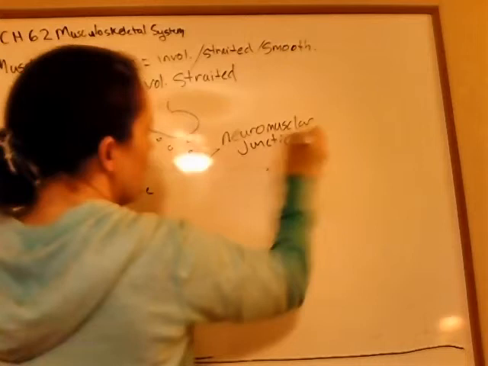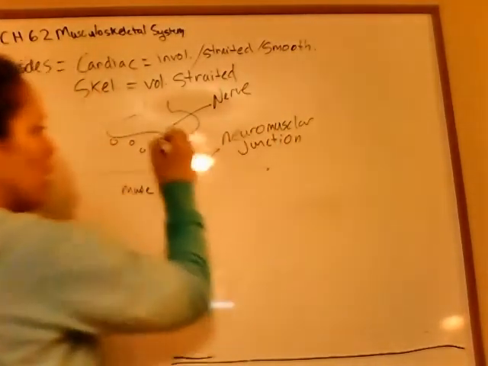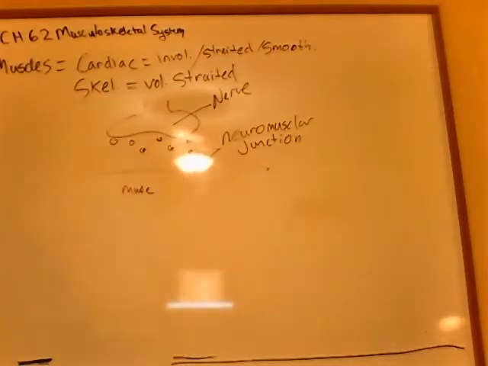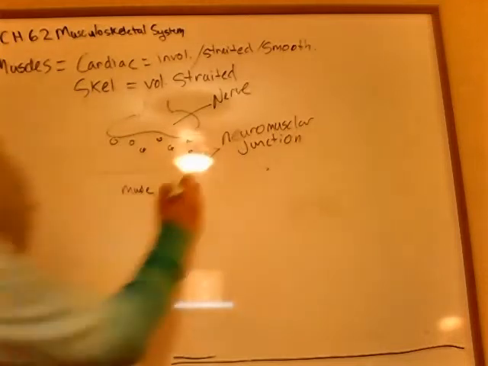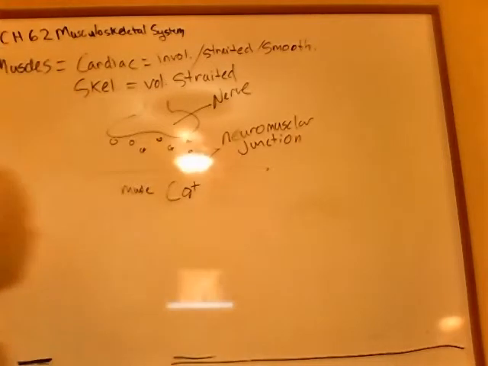And again, this is the nerve, and this is the muscle. When it releases the stimulant, it's going to make the muscle contract. It releases calcium, and calcium is what creates the contraction, and of course, if you have lack of calcium, you'll have tetany.